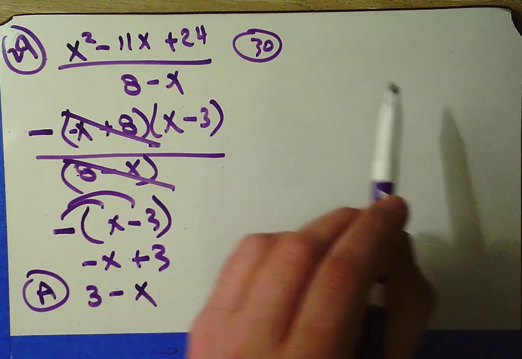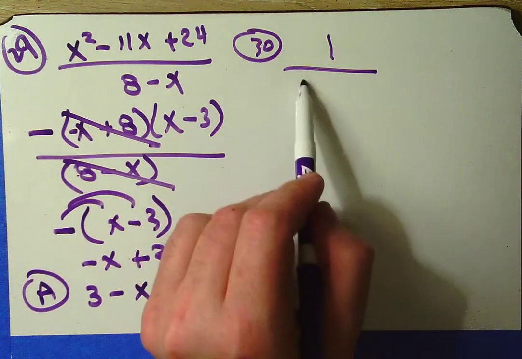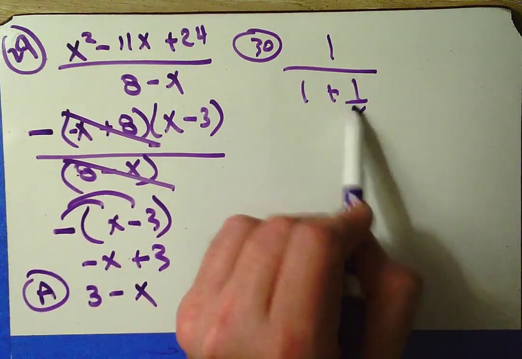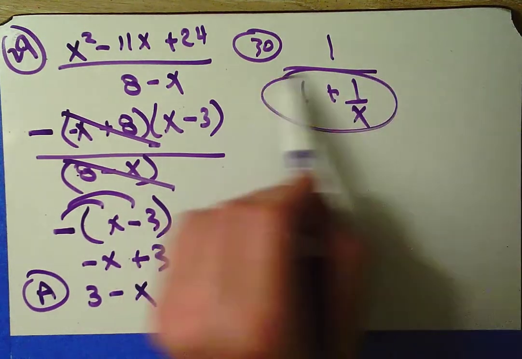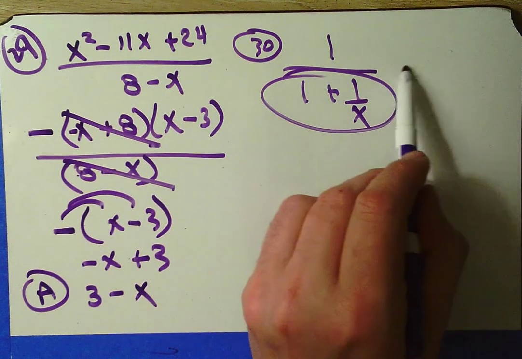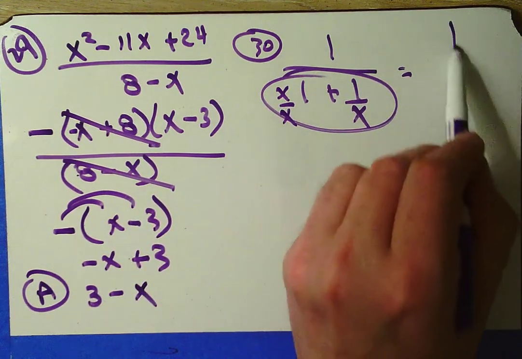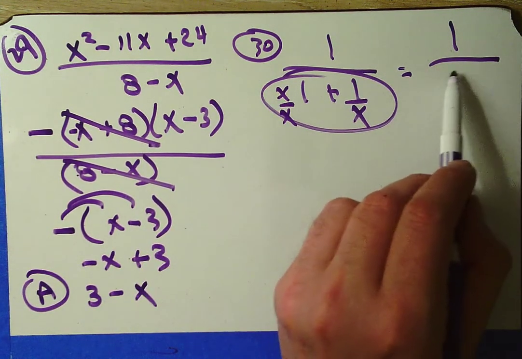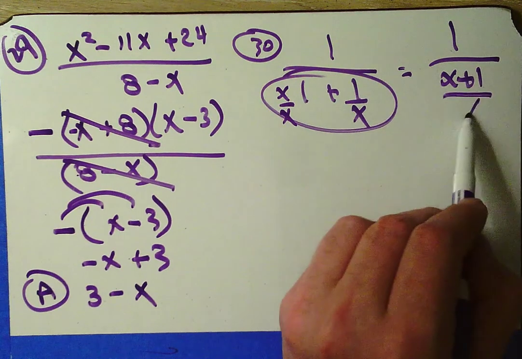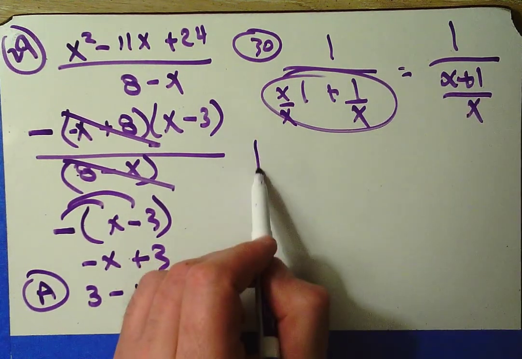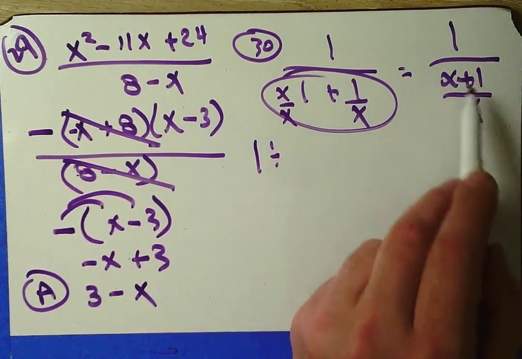30 says 1 over 1 plus 1 over x. Well, down here I feel like I need to make a common denominator, so I'm going to multiply by x over x, and that's going to give me 1 over (x over x plus 1 over x). And I remember my 7th grade teacher saying, don't be scared of this.